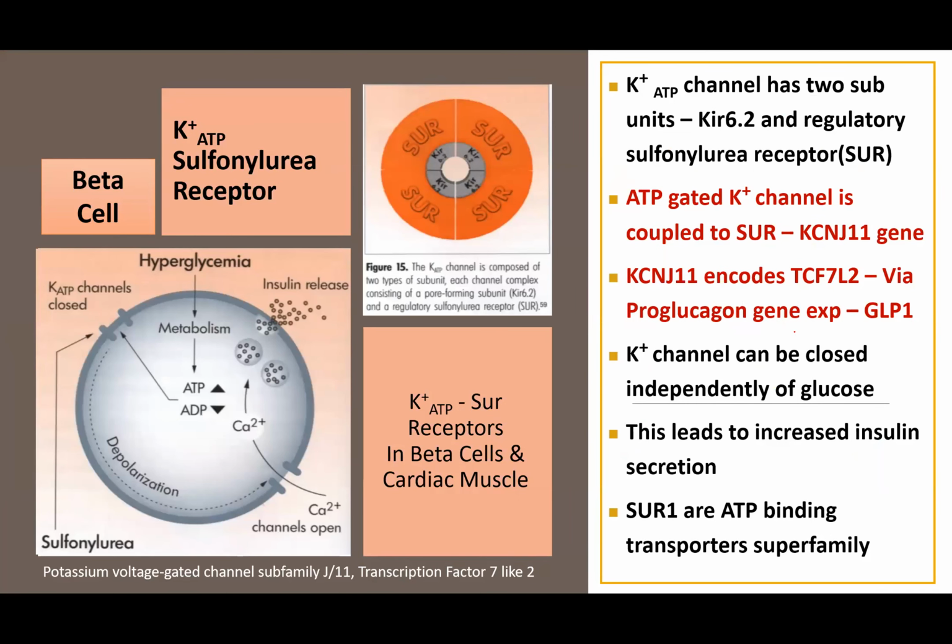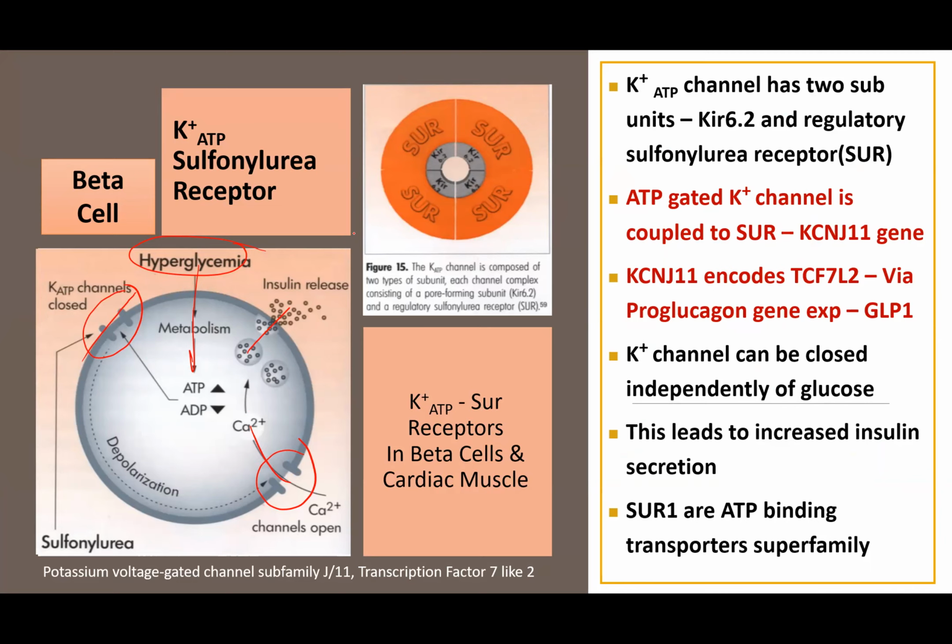Okay. Now, in the beta cell, the KATP channels are there, and the calcium channels are there, we know, and hyperglycemia is there. Glucose goes inside, closes the KATP, opens the calcium, and releases insulin. We all know that. The KATP sulfonylurea receptor is very important. This SUR receptor, the sulfonylurea receptor, is on the beta cells and also on the cardiac muscle.